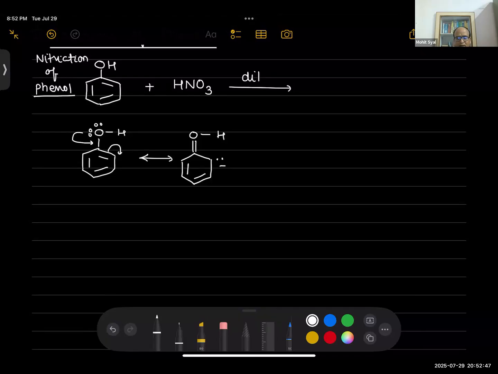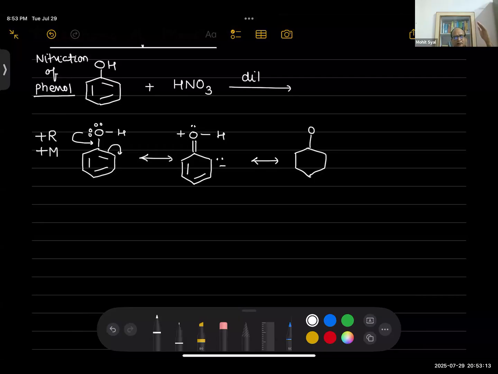This is resonance. Aisha, what is this effect known as? Resonance, right? And this is the plus R effect, plus R or plus M effect.